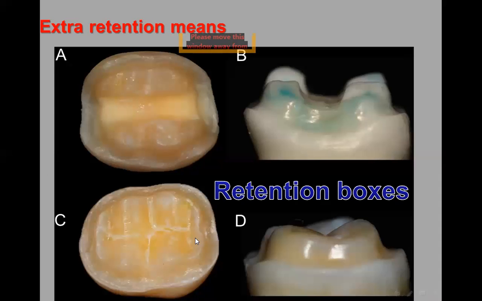Or we can do retentive boxes. You see that this is a very short preparation, and the taper is little taper. It has more taper, so we need more retention. What we can do is boxes here.